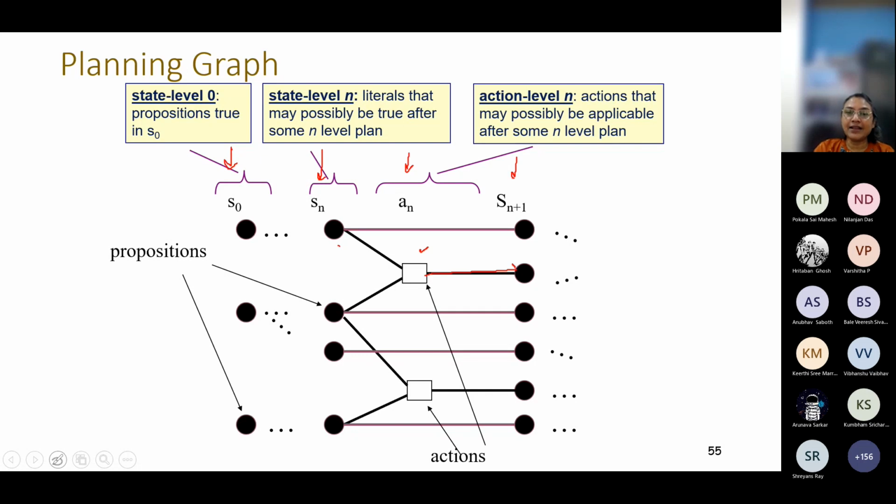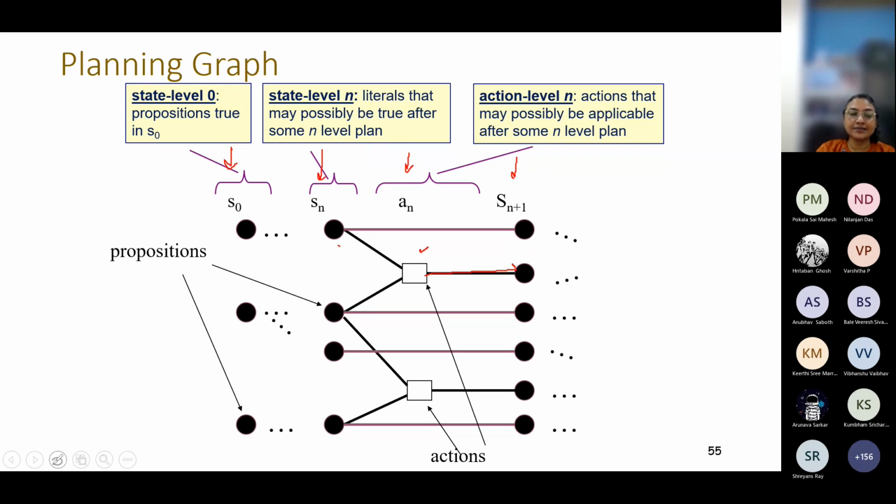So in state level n, we have literals that may possibly be true after some n level plan. In action level n, we have actions that may possibly be applicable after some n level plan. Okay. So what can you say about the set Sn plus 1 and the set Sn?